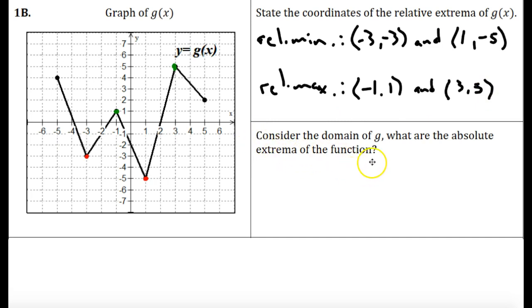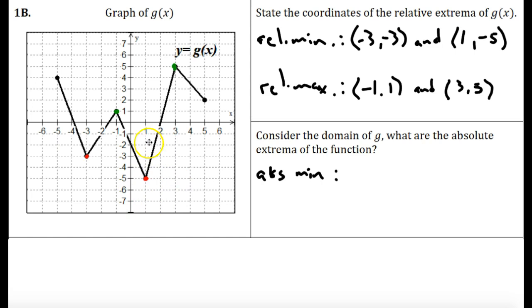Right. Now, here we can talk about absolute extrema, okay, the highest and the lowest points. So we had 2 relative mins and 2 relative maxes. In this case, my absolute max, or let's do absolute min first. So my absolute min occurs at the smallest y value we reach.